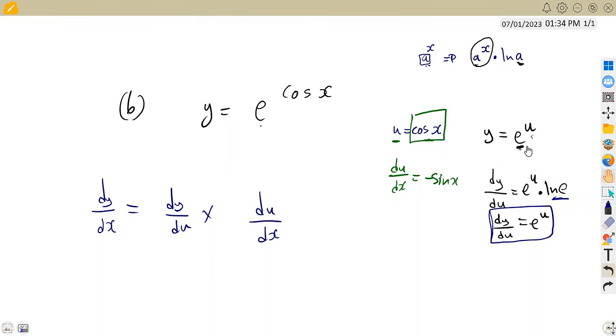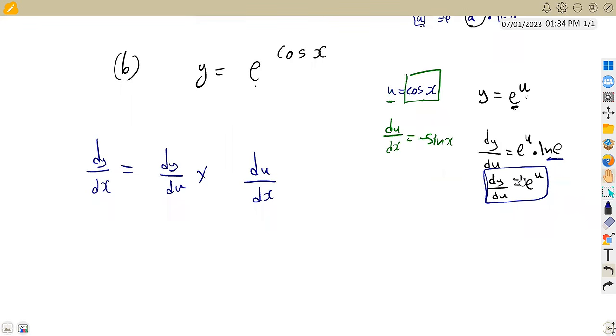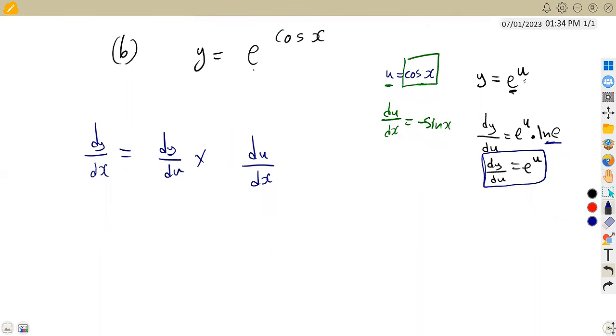All right, so let us substitute now into our formula from our chain rule formula. Now we are saying dy dx is equal to dy du, that is the derivative of y with respect to u, this part, which is e to the exponent of u, times du dx, the derivative of u with respect to x, which we got as negative sine x.